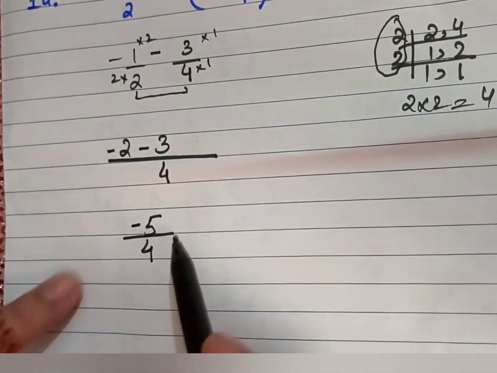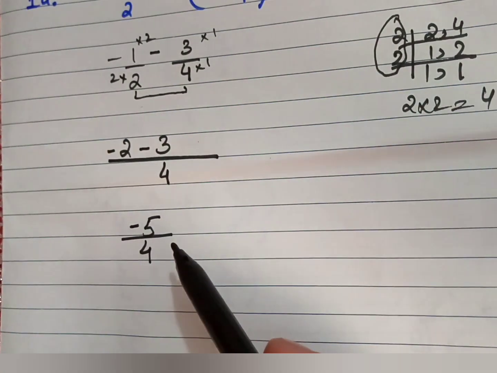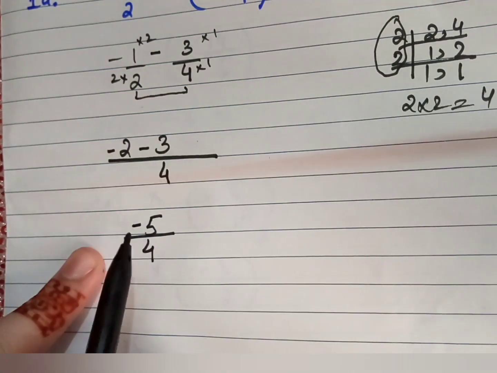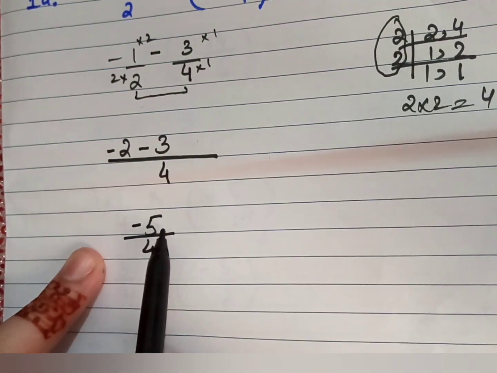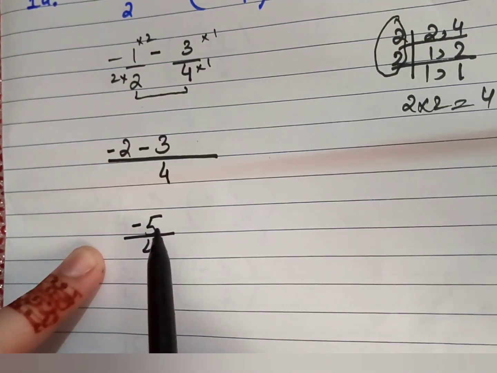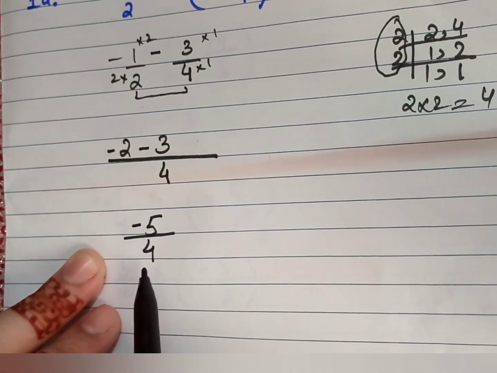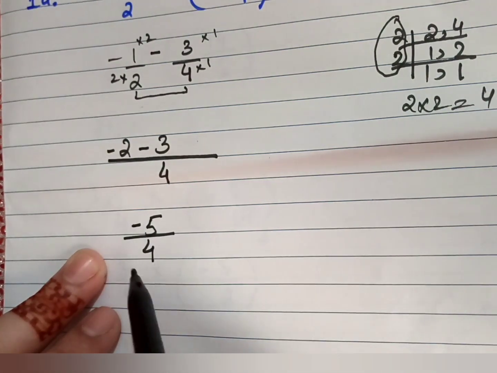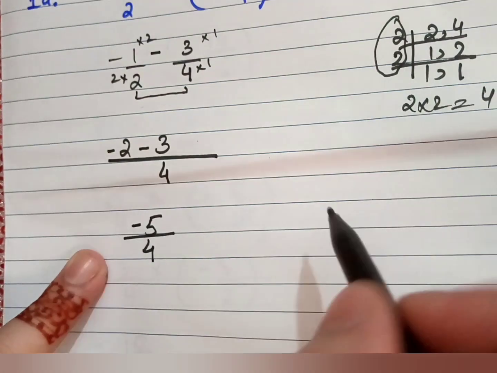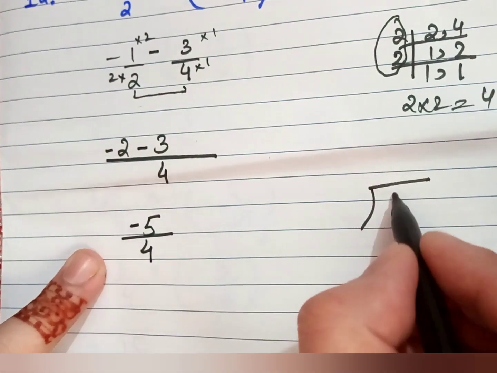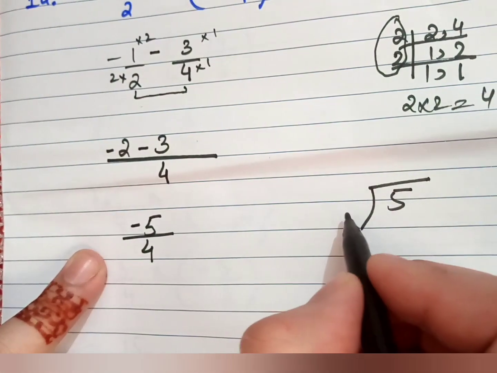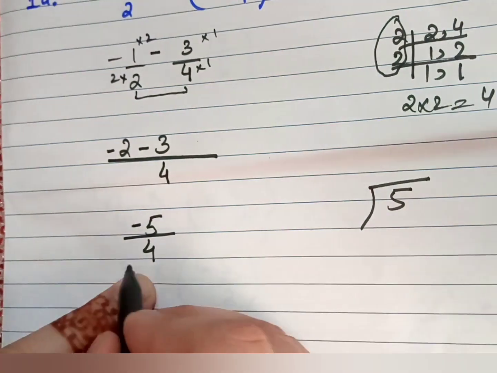Now look at your fraction. Is it a proper fraction? No, because we have a bigger term in our numerator. Our numerator has the term 5, and the denominator has the term 4. So we'll convert this into the form of a mixed fraction. And how can we convert this? We will just divide. Place the numerator inside the division sign and divide by 4.